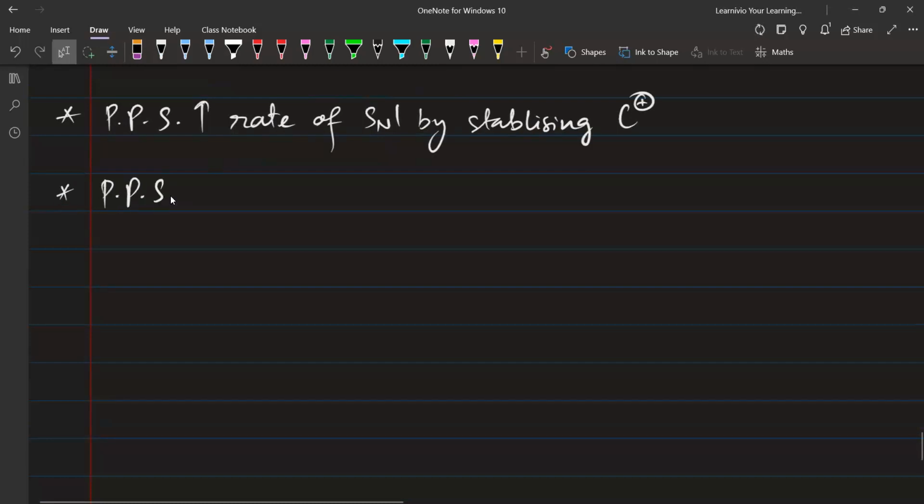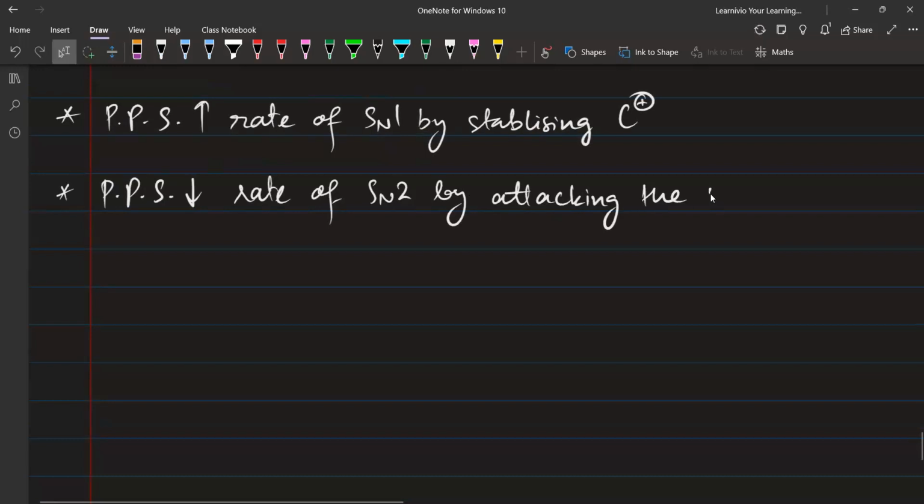And polar protic solvent decreases rate of SN2 by attacking the substrate. Got this? Yes or no? लिख लिया आप लोगों ने?